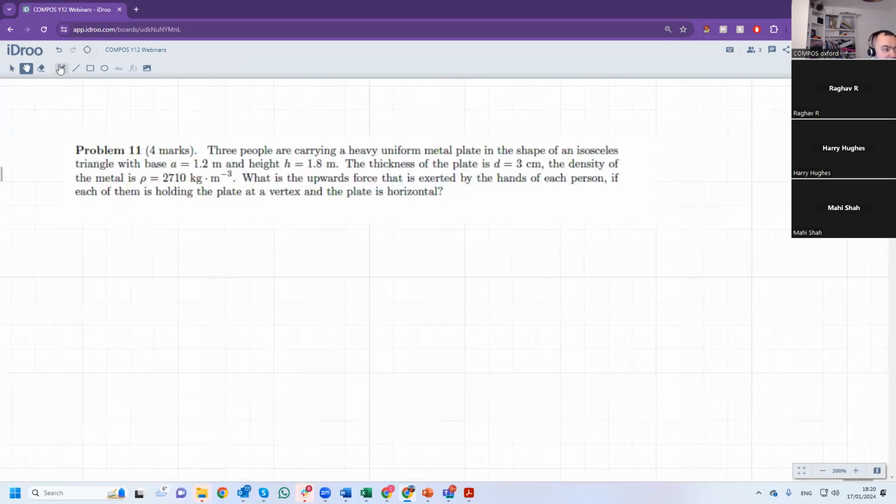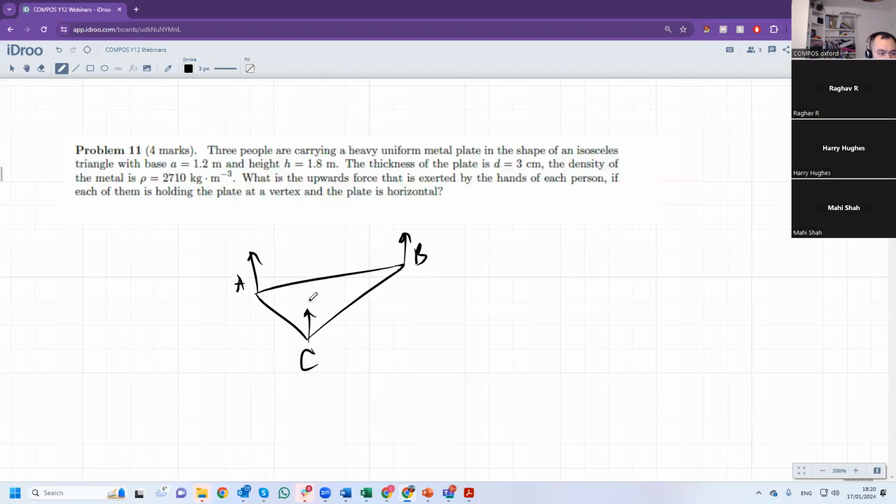Do you have any specific difficulty? You have a triangular plate, and you have person A, person B, person C, and they all hold it like this. The plate has a center of mass and it's going down, mg.